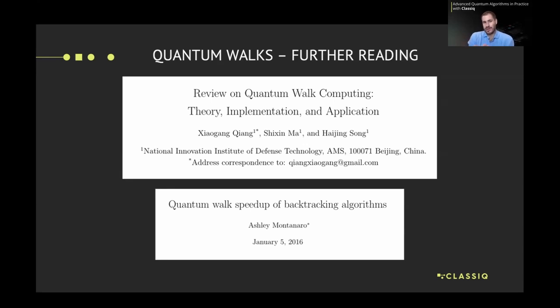When you try to implement it, you have different nuances that you need to overcome: how you encode the data, how you evolve the data in a smart way, and how you encode your oracles. There are many nuances that you need to handle in a smart way, and maybe bring some novelty to the implementation. But I encourage you to go through both these papers. One is more of a review paper, and one is a more concrete example of an algorithm that uses quantum walks.